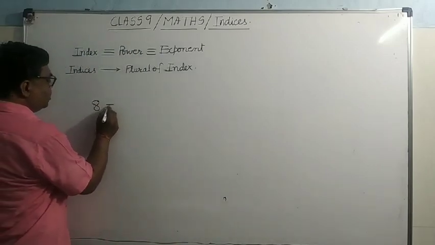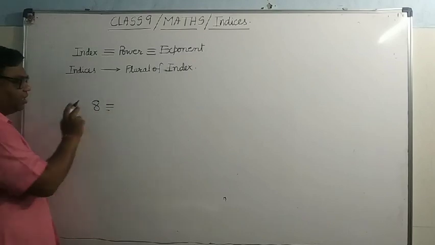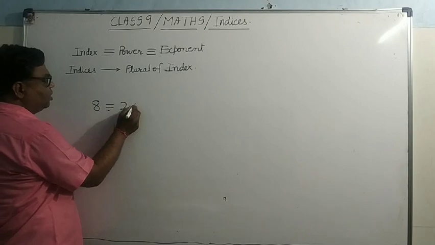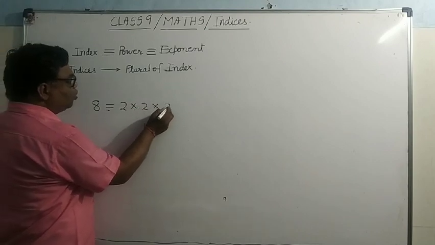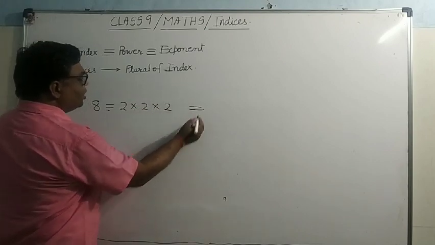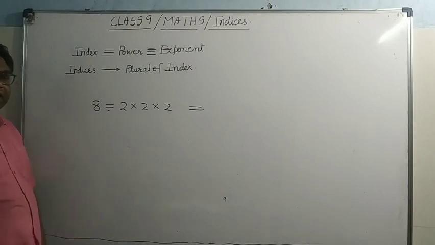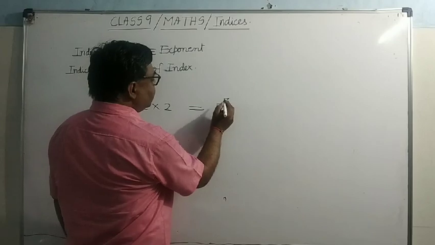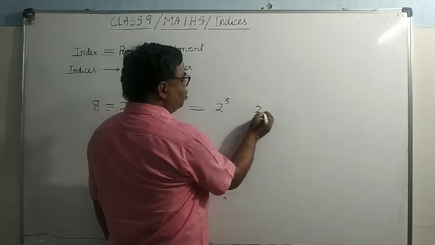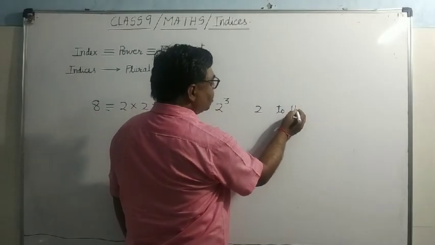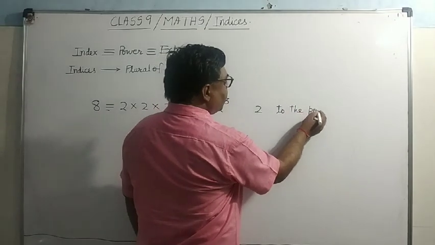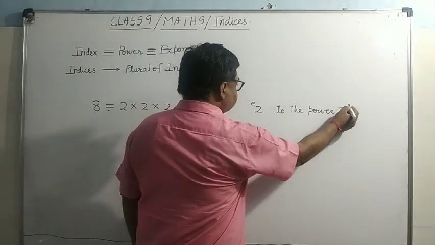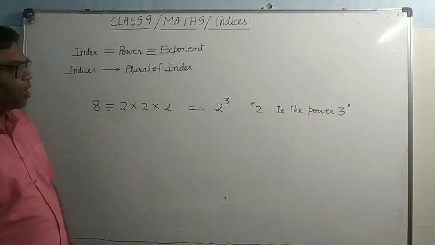When you do the prime factorization, 2 into 2 into 2. Since here all the factors are same, therefore we can write it as 2 to the power 3. We will read this as 2 to the power 3.